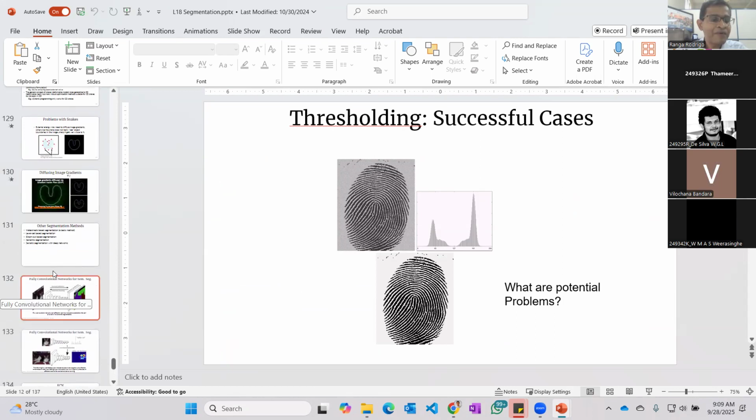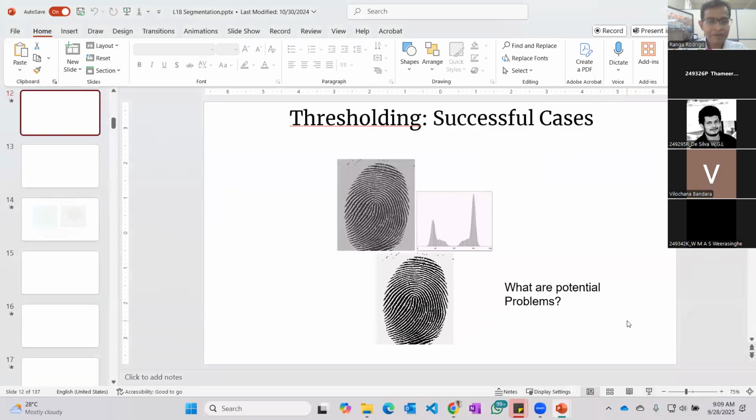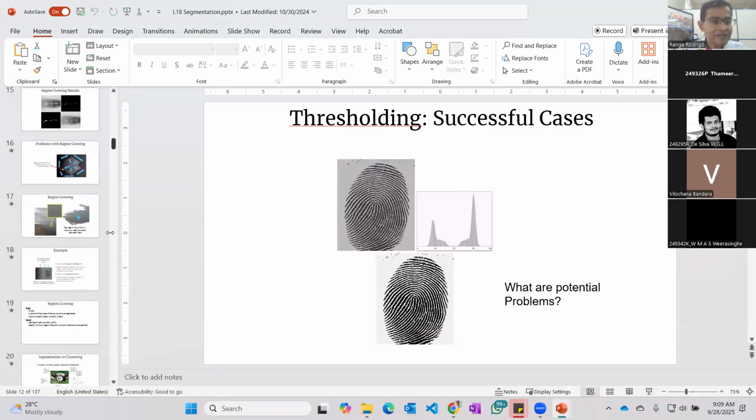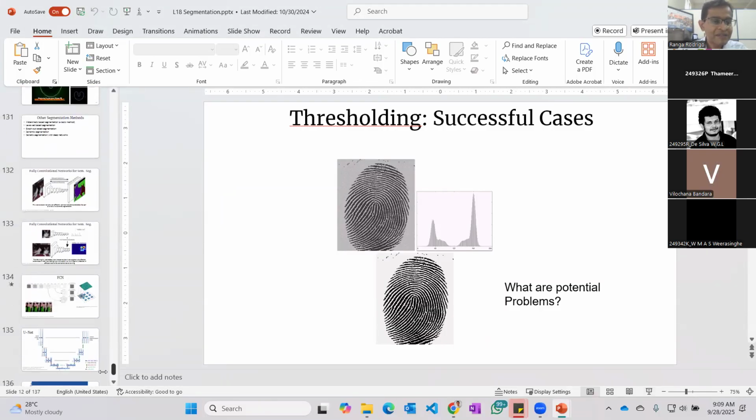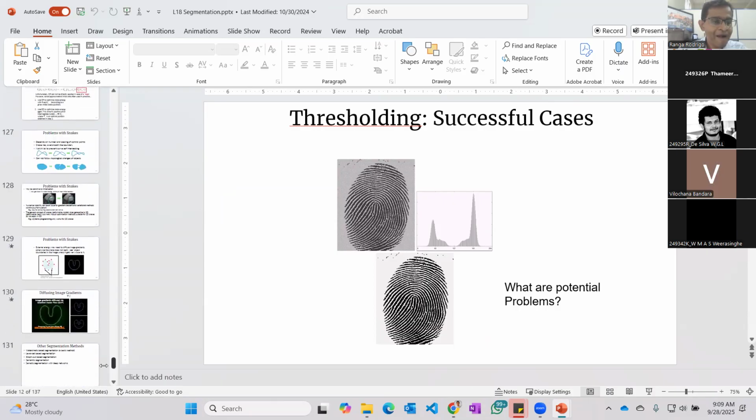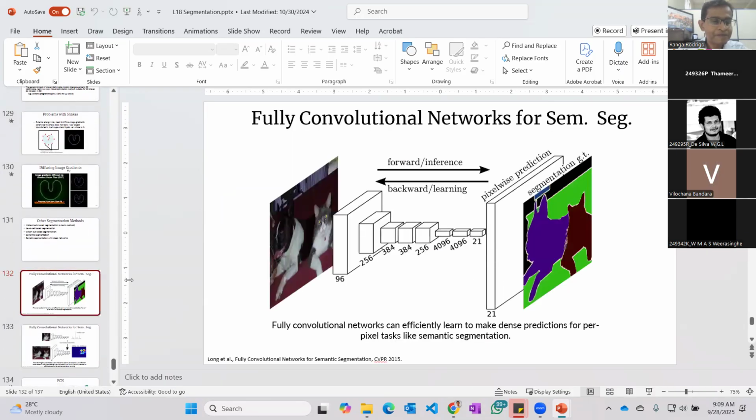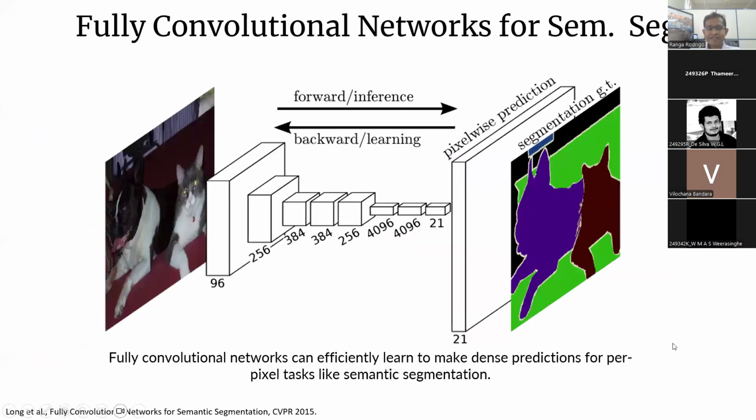So here we want to look at deep learning based segmentations. So now this one is called fully convolutional networks, or FCNs, for semantic segmentation.